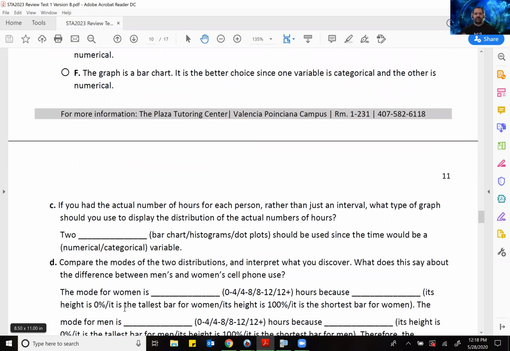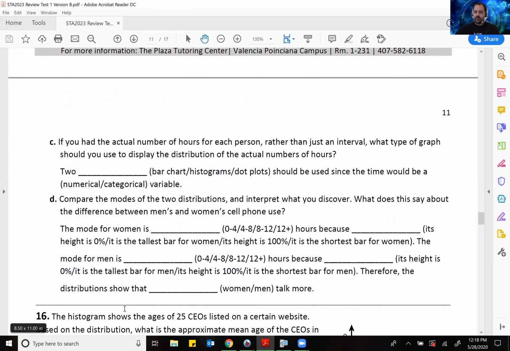Ooh, some more questions. So C, if you had the actual number of hours for each person rather than just an interval, what type of graph should you use to display the distribution of the actual number? Histogram. Yes.